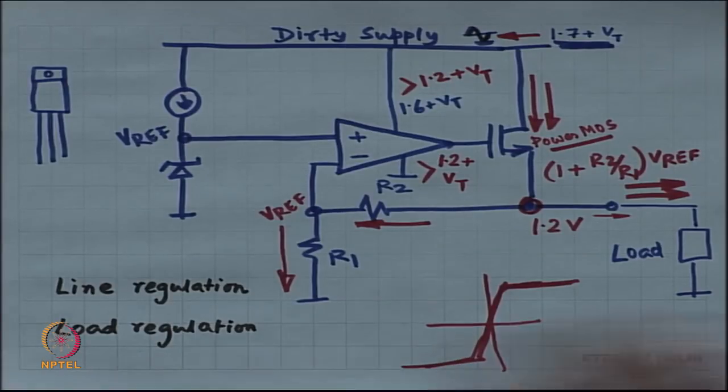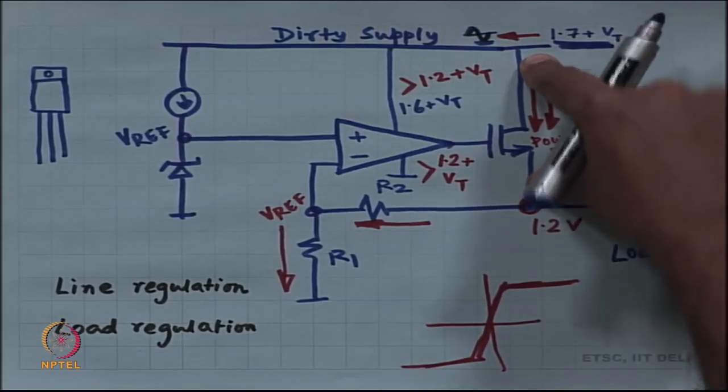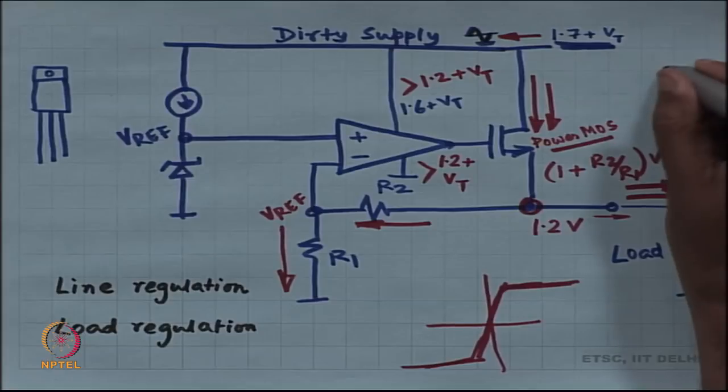Suppose VT is another half a volt, then that means that the drain to source drop is something of the order of 1 volt. So, I have got a 1 volt drop over here.